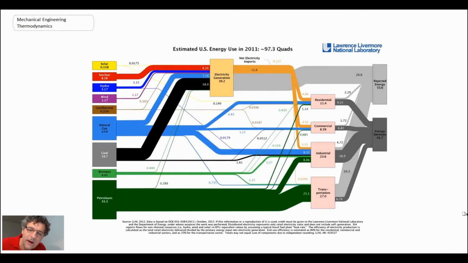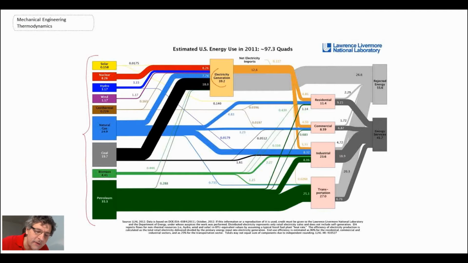There's another diagram that we can look at, again prepared by the US government at Lawrence Livermore Laboratory. And what I like about this diagram, it shows over on the left-hand side the different sources of energy, where we are getting the energy from. And then it shows us where we are using that energy.